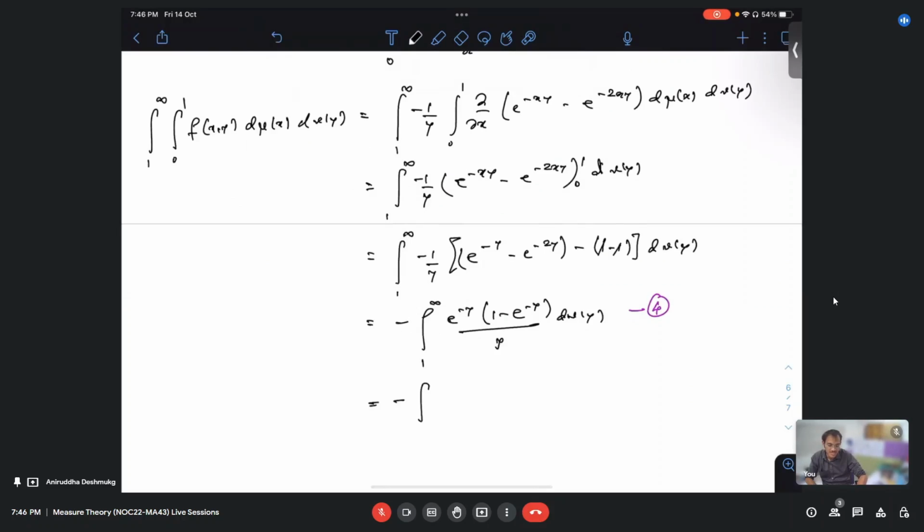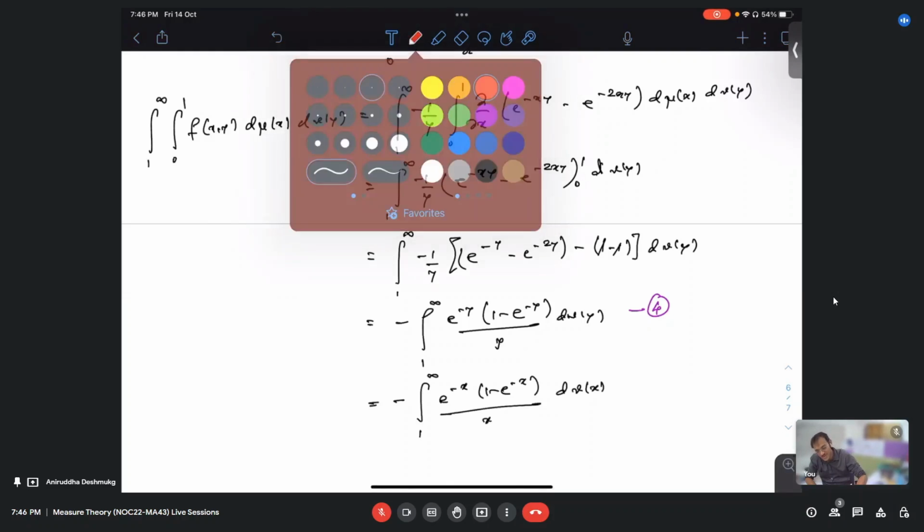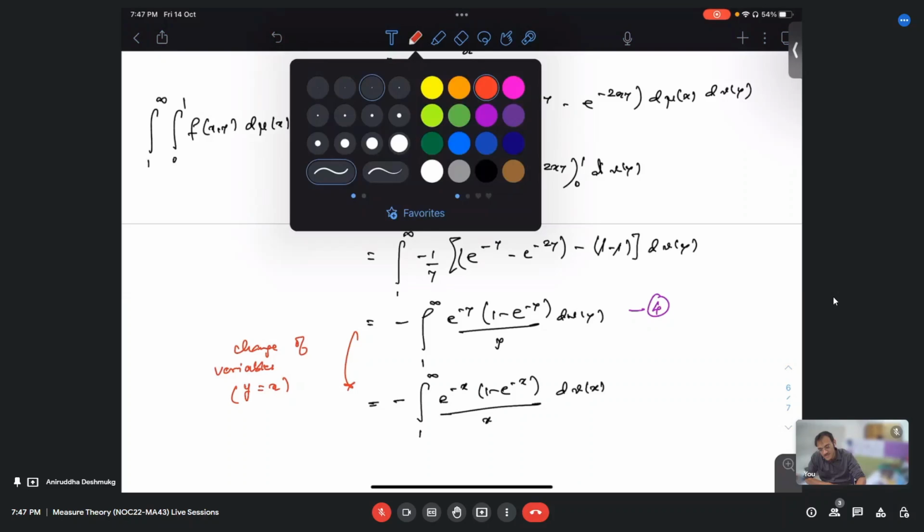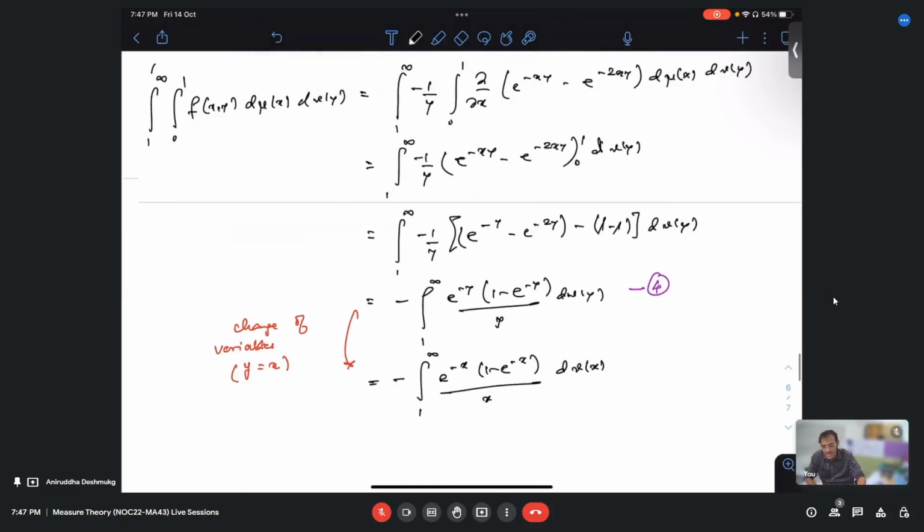This is equal to minus integral 1 to infinity e to the power minus x 1 minus e to the power minus x upon x d nu x by a simple change of variables from y to x. So that we can do because it is just a matter of writing. Whether I write y or whether I write x, that is the same thing. The function matters. Inside function is simple.